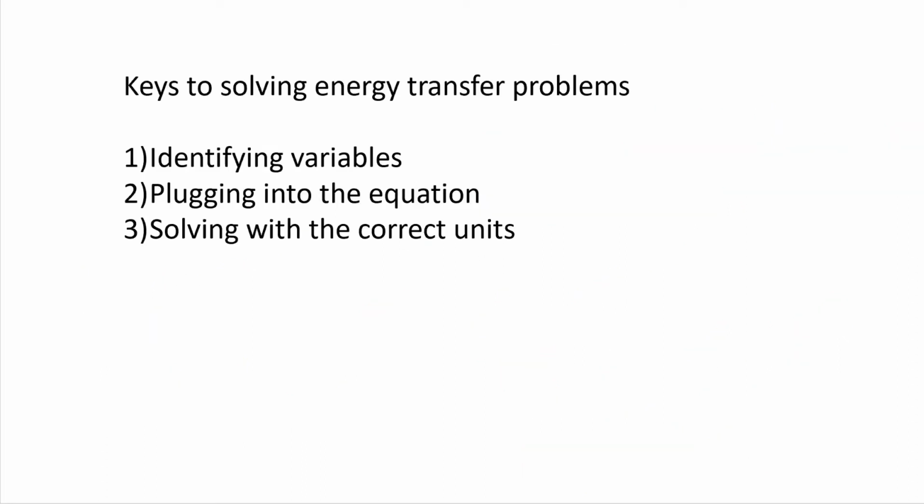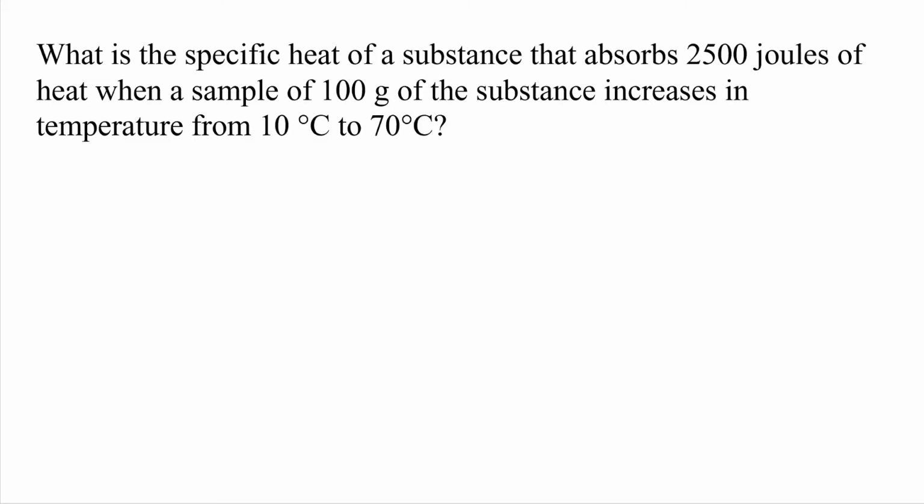So what are some keys to solving energy transfer problems? Well, one of them is to identify the variables in the problem. Then you plug it into the equation, and then you solve the problem with the correct units and doing the correct math. So let's do two examples to show you that this is not so hard. This question is saying, what is the specific heat of a substance that absorbs 2,500 joules of heat when a sample of 100 grams of the substance increases in temperature from 10 degrees to 70 degrees Celsius?